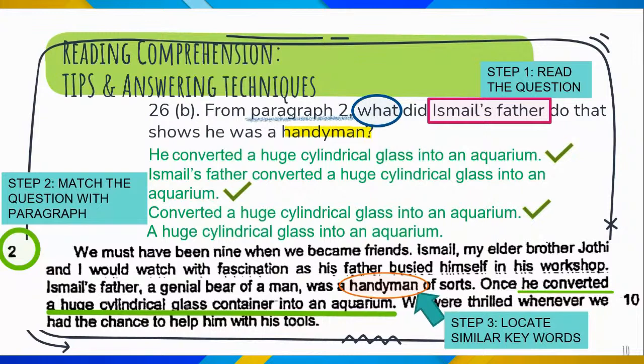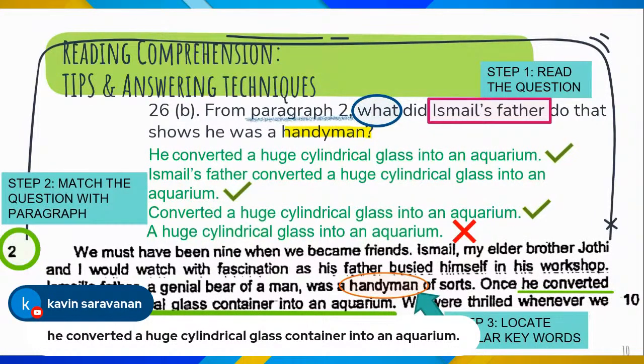However, the last one, the answer a huge cylindrical glass into an aquarium, will not be accepted, because it didn't show what a handyman is. A handyman means orang yang good with their hands. When they are good with their hands, it means that they're able to make stuff with their hands. So if you just write a huge cylindrical glass into an aquarium, it doesn't show the ability of Ismail's father as a handyman.